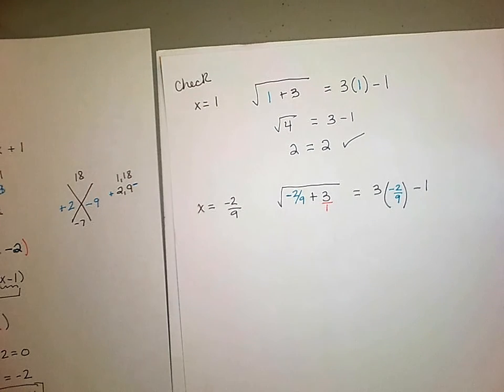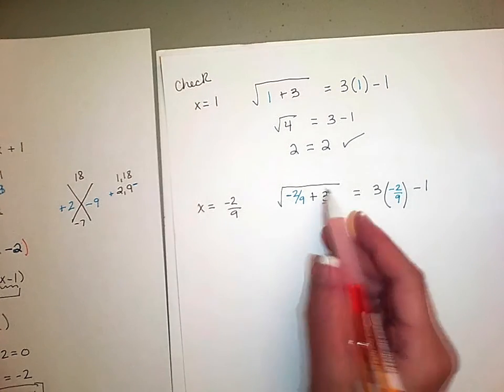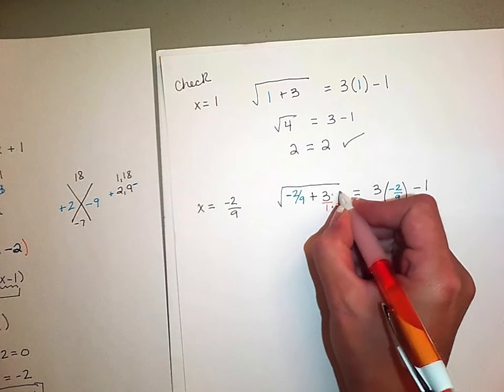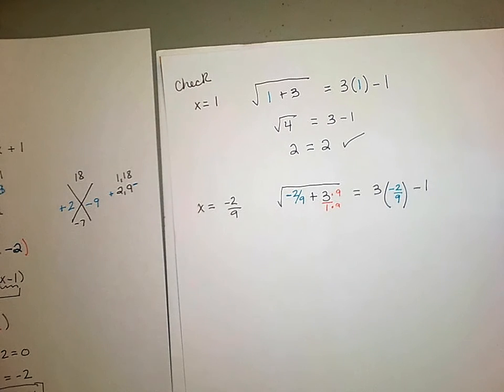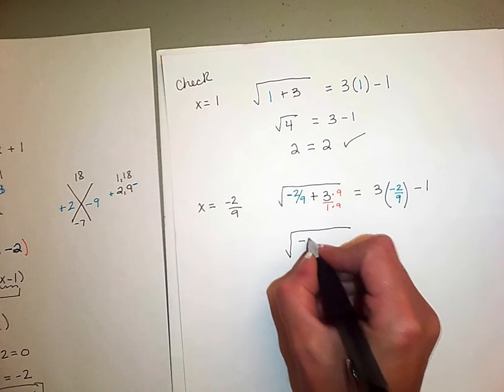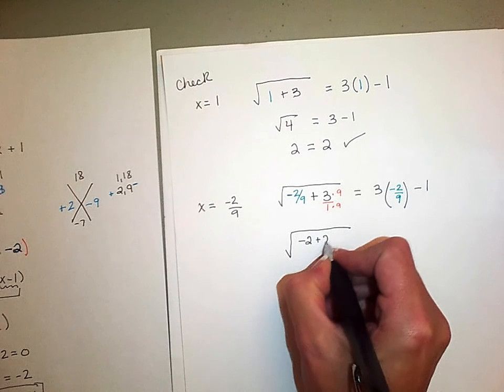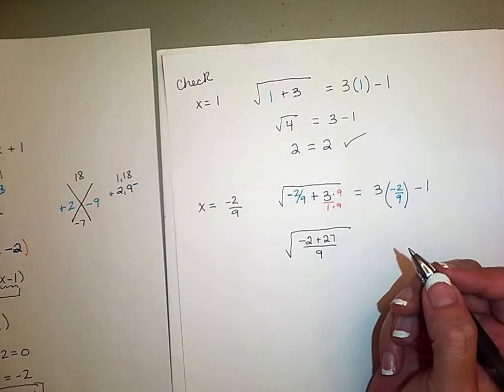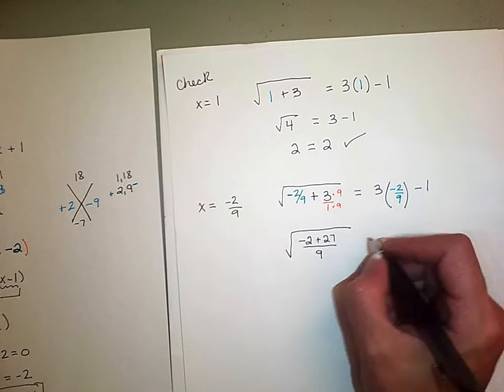Let's think about this as 3 over 1, because I need to simplify underneath here, and I need a common denominator, which is 9. So this becomes the square root of -2 plus 27 over 9. Okay, getting the common denominator.